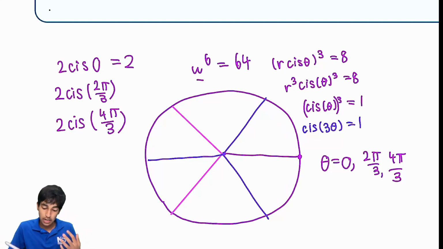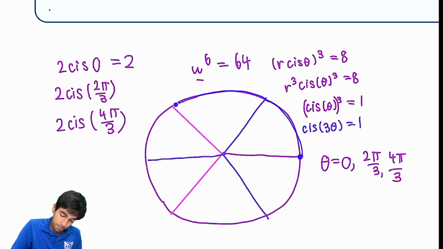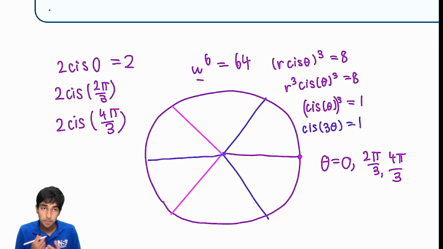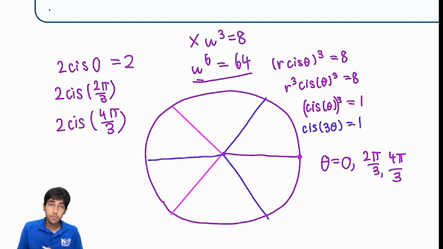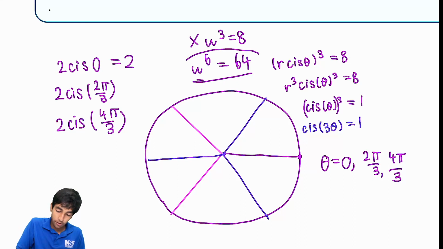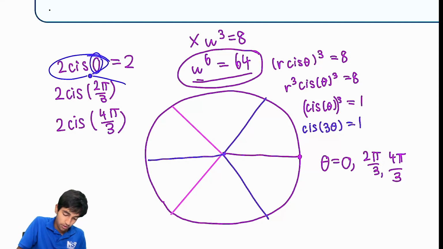For the 6th roots of unity, you start at 0 degrees and go up by pi over 3. But in doing so, you're also going to cover all the third roots of unity, because the third roots of unity are still 6th roots of unity. So if a question says, find all the solutions to this that are not solutions to this, you could write out all the solutions for this, and ignore these solutions.